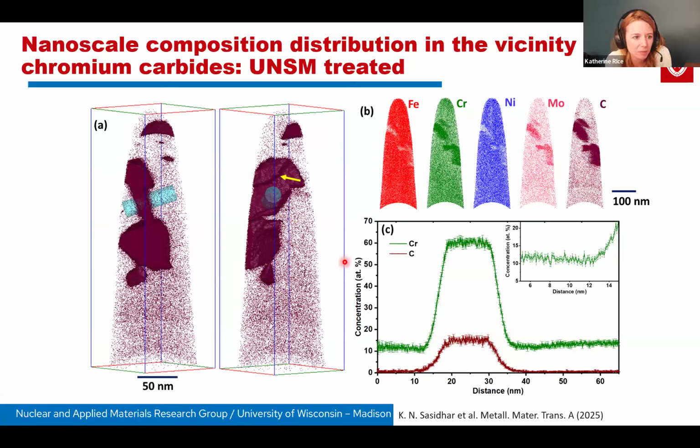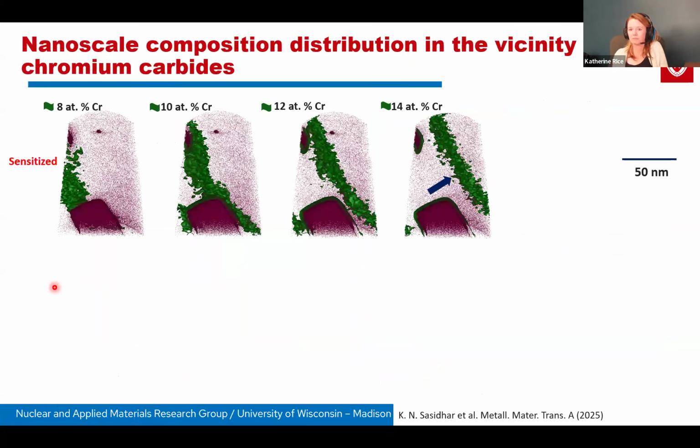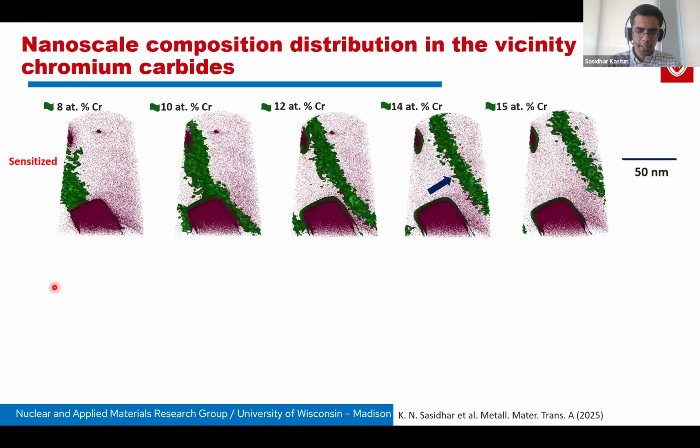Okay, we have another question coming in. Regarding the APT results, there was one slide where you showed the evolution of microstructure with chromium content. As I know APT is a destructive analysis, how could that result be captured with the sample, or am I wrong? So I guess the question is referring to this. Right. So that's a very nice thing about atom probe data, that once you acquire a data set, you can look at it using different segmentation tools.